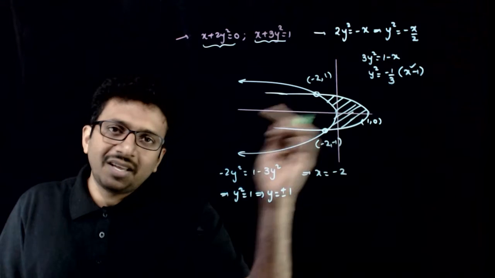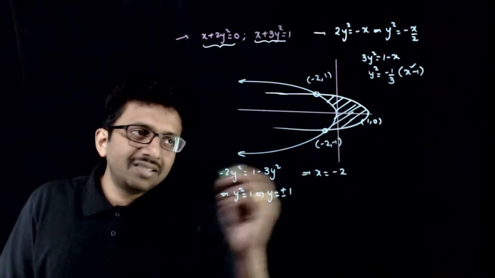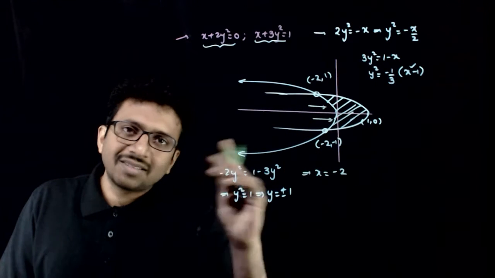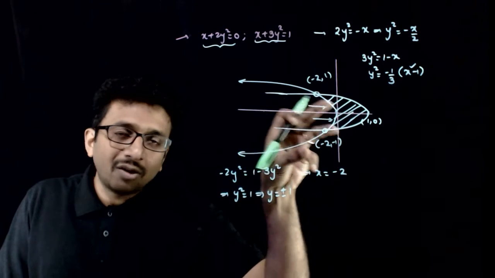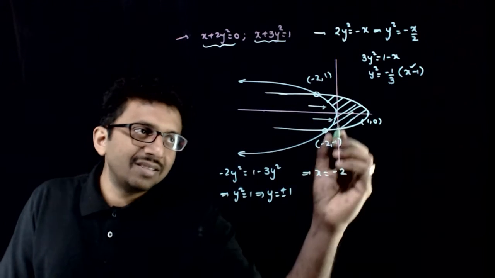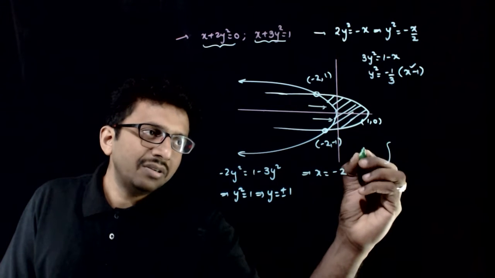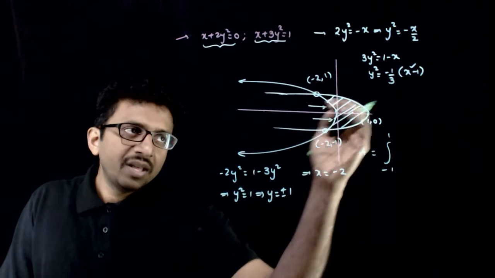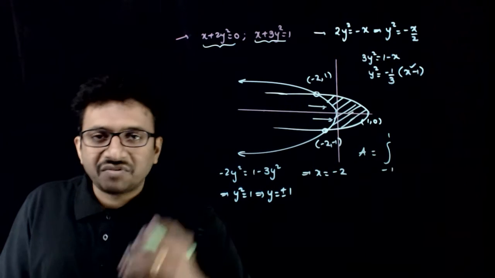You're asked to find this area. To find this area, the easiest method is to look at this in terms of the y-axis. So this area is nothing but the integration from -1 to +1 of the right side curve minus the left side curve.